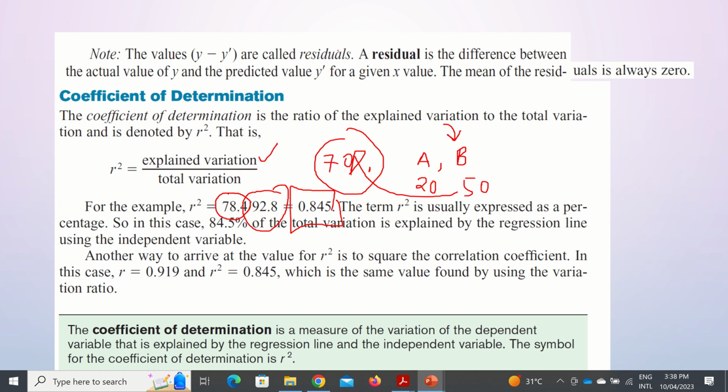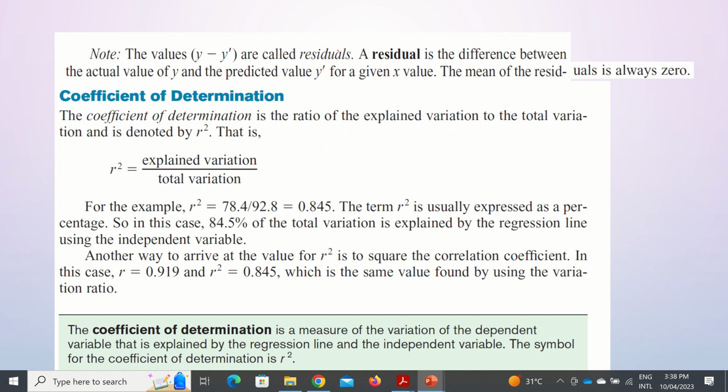So the coefficient of determination is the ratio between explained variation and total variation. It is a measure of the variation of the dependent variable that is explained by the regression line and the independent variable. For that purpose we are using r square. If r is close to 0, the regression line is not explaining anything of the data.